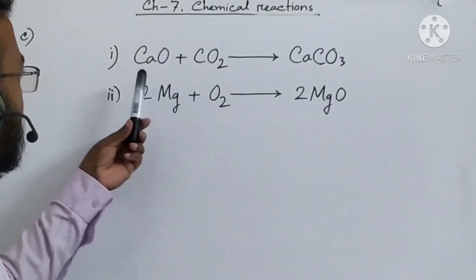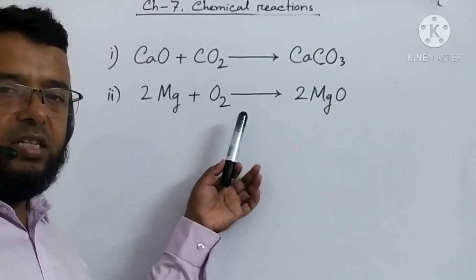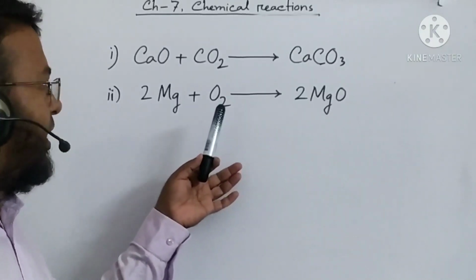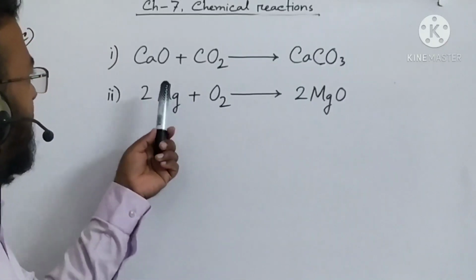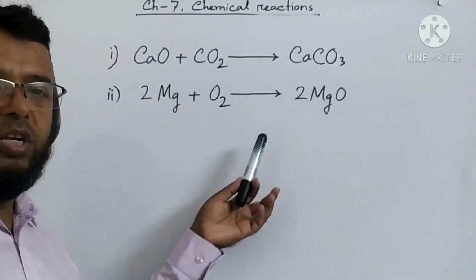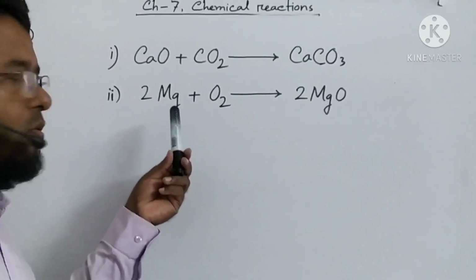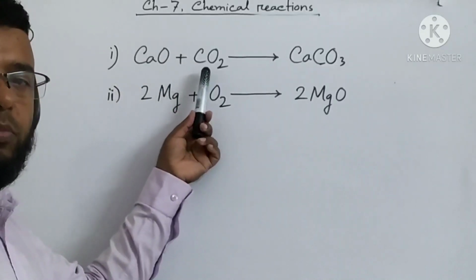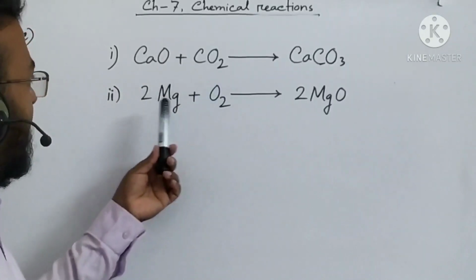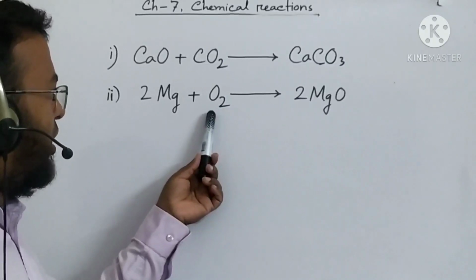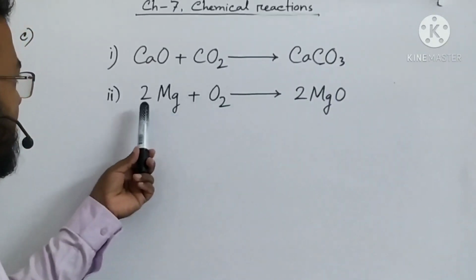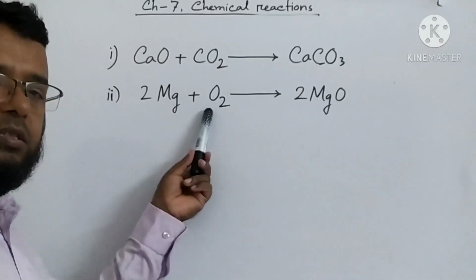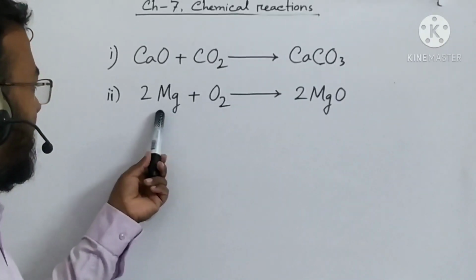Now, what is an addition reaction? If a compound is formed by the combination of two or more elements or compounds, that is an addition reaction. Now the synthesis reaction: it is only when a compound is formed by the combination of elements or elementary molecules together.